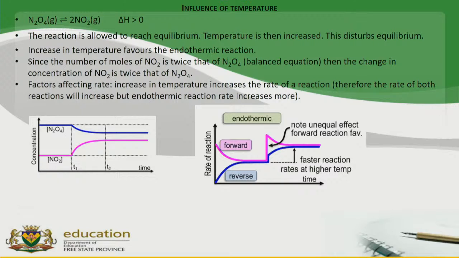So if its concentration increases, what happens to the rate of the reverse reaction? It increases until a new equilibrium is established. So go and do the graphs also of the temperature decrease. Remember, when the temperature decreases, the rate will decrease. It means the horizontal line will move downwards for the rate graph.